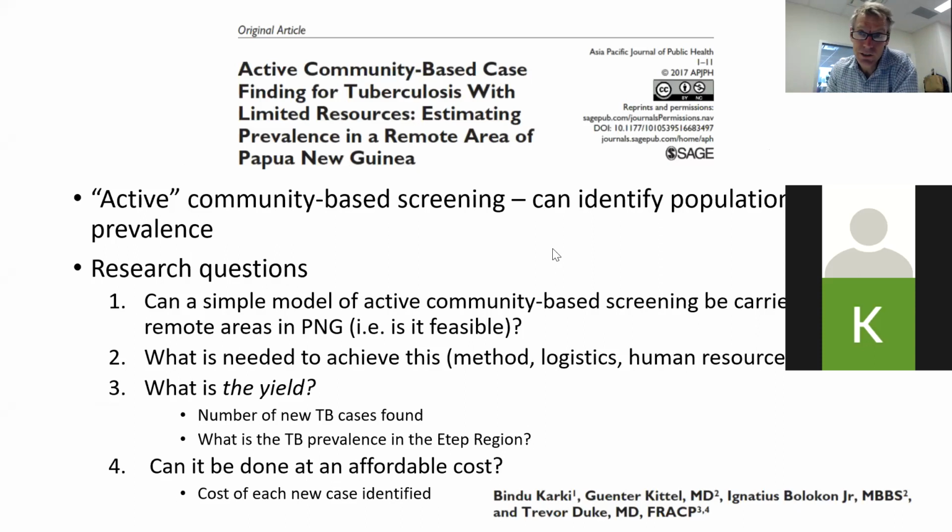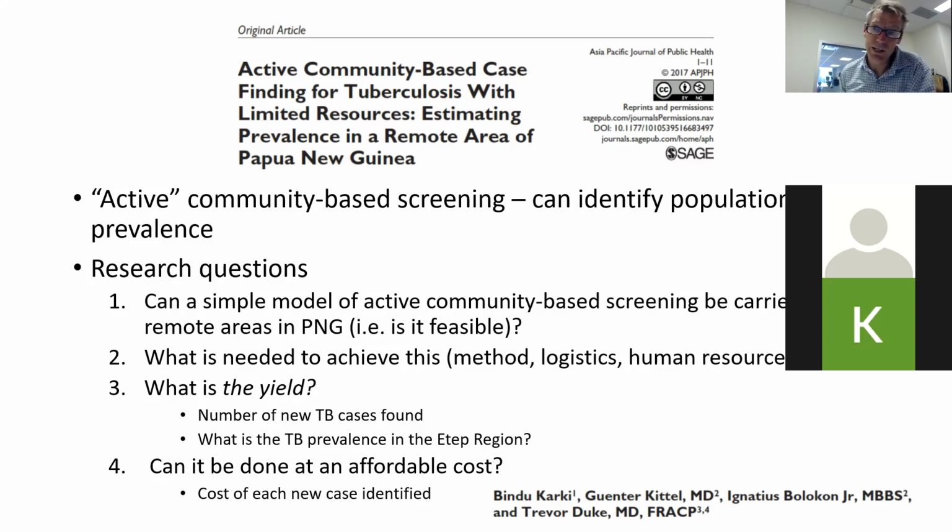And I wanted to just try to illustrate that by describing this study that was done in a place called Etep in Morobe province a few years ago now. This was an important study, I think, because a couple of Lutheran doctors at Etep wanted to know.